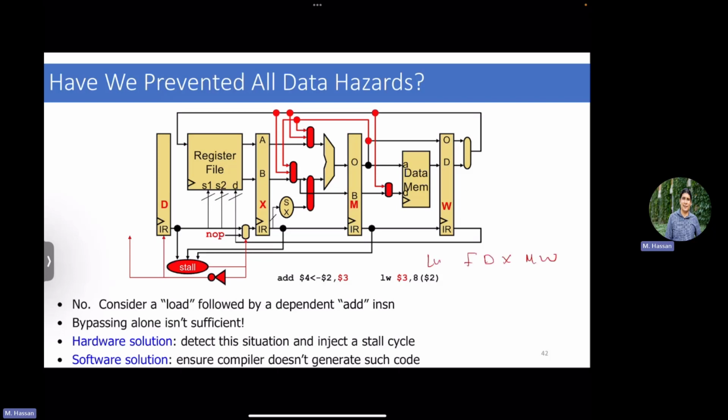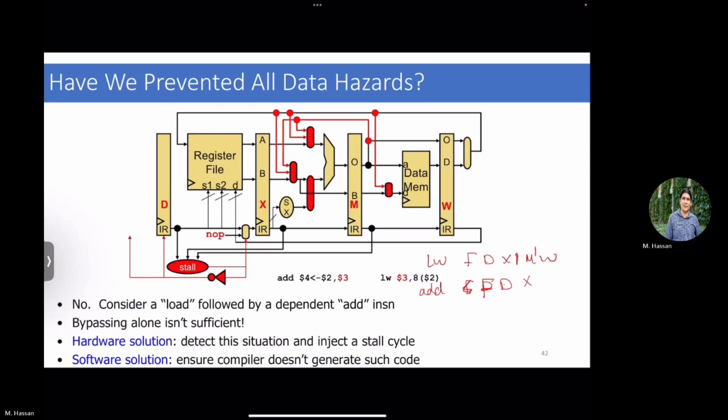For the add, I fetch, decode. If I try to execute here, well, I don't have the result. I cannot forward it. It's not ready here to be able to forward it. It's only ready here. So it's ready in the future, right?